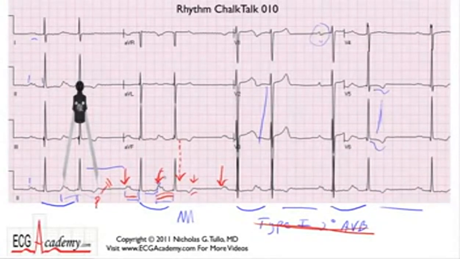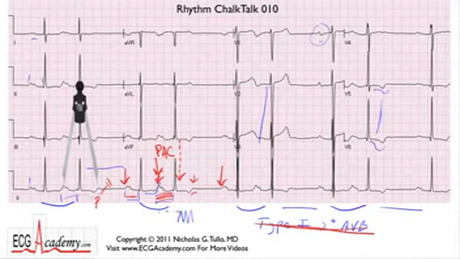Why? Because remember, the AV node doesn't conduct as well at faster rates or shorter coupling intervals because it's calcium dependent. We talk about that in the physiology of the AV node. So this P wave was a premature atrial contraction, or APC, whatever you want to call it, and it conducts with a first degree, and then what happens?